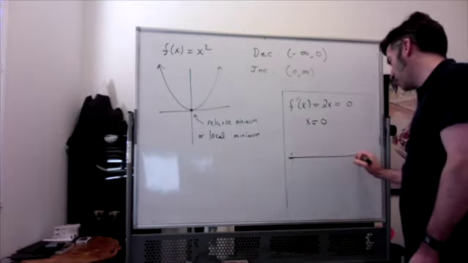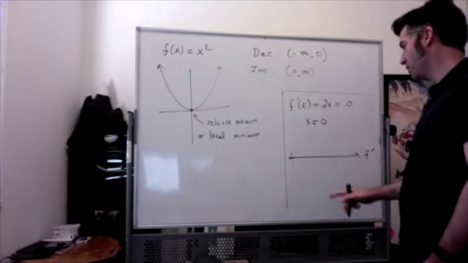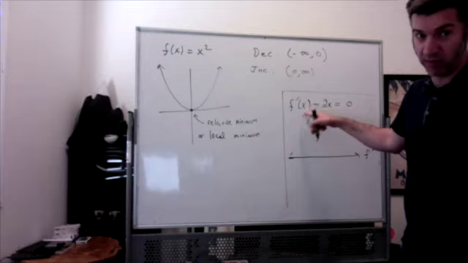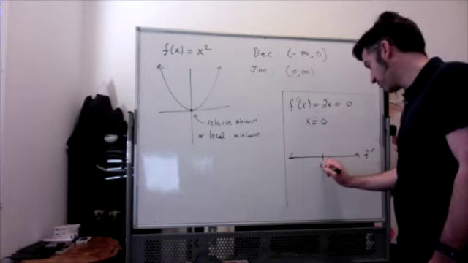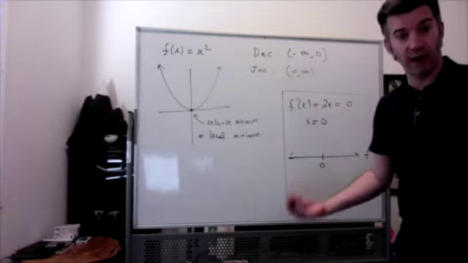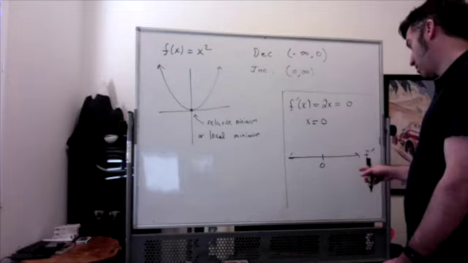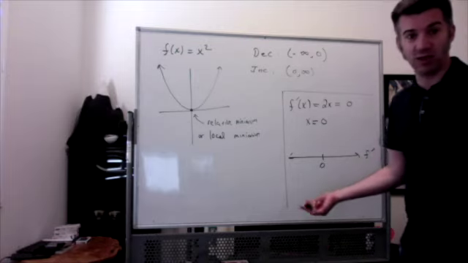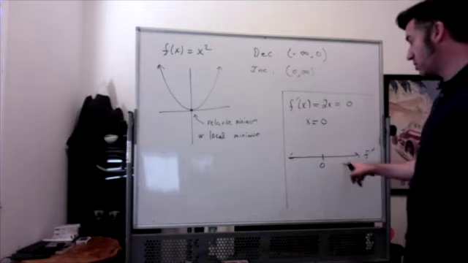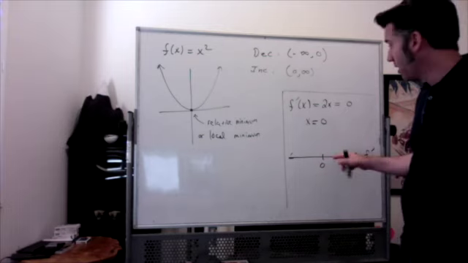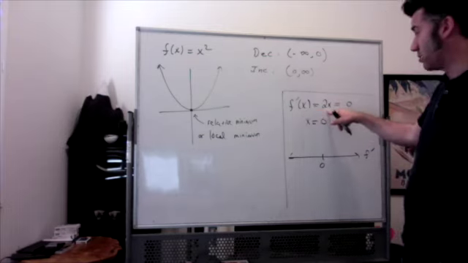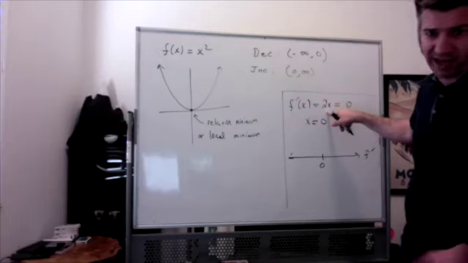The number line for f prime has 0, where the derivative is equal to 0, as our only critical value. And then on either side of that, the sign is always going to be the same. So if you pick a number larger than 0, like 5, and plug it into the derivative, it is equal to 10. I don't really care that it's 10, I care that it's positive.